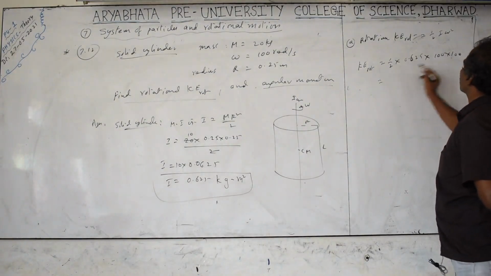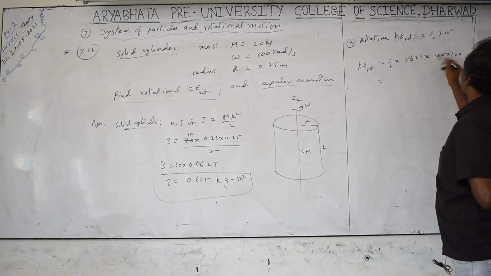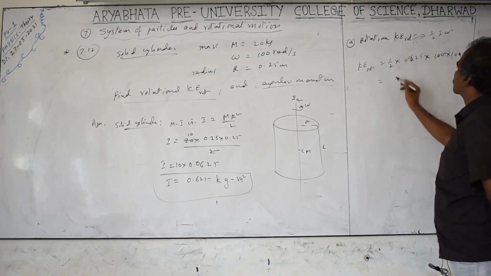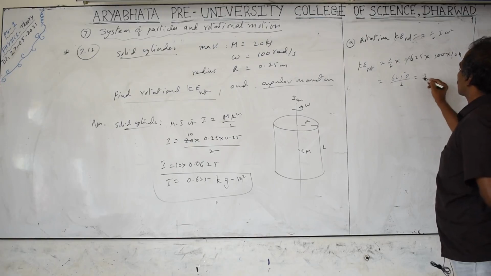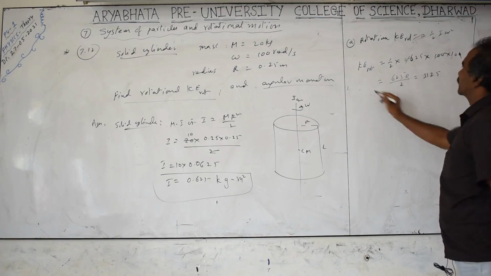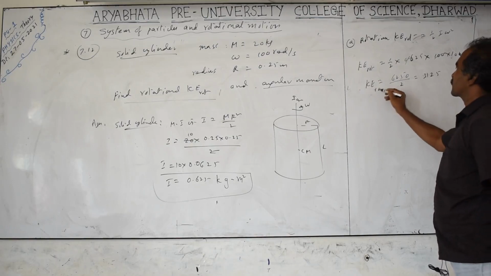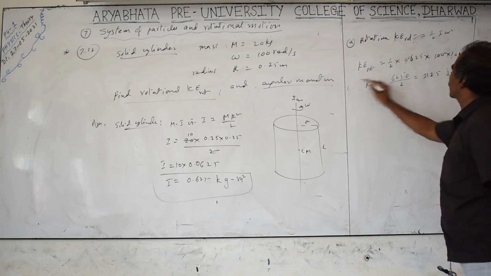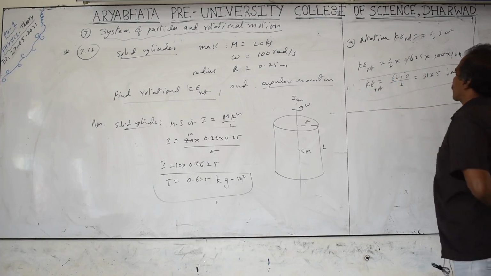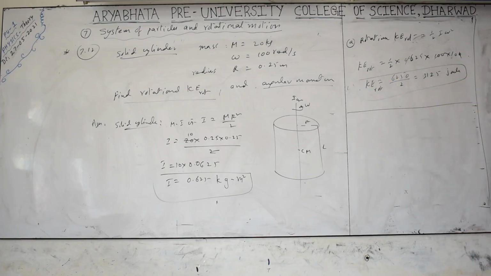That gives 6250 by 2, which is 3125. Kinetic energy units are joules, or 3.125 kilojoules.